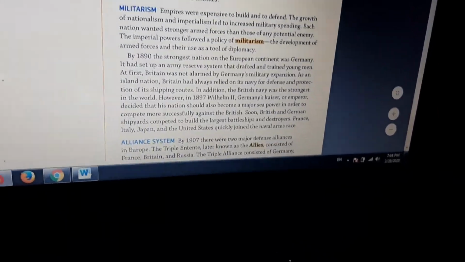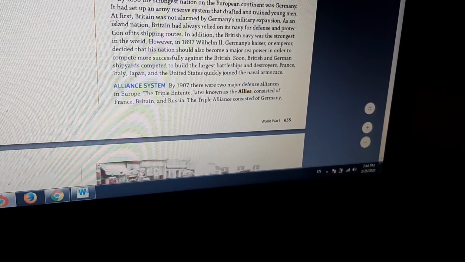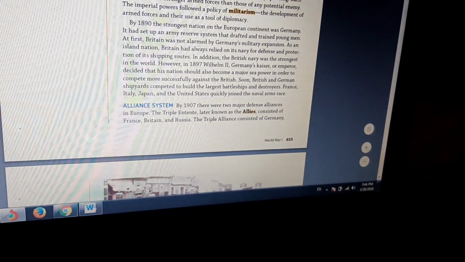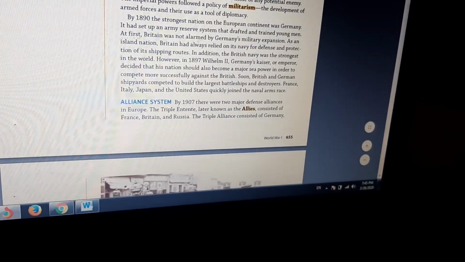So here, then we're moving to the alliance system. So by 1907, there were two major defense alliances in Europe. The Triple Entente, later known as the Allies, consisted of France, Britain, and Russia.